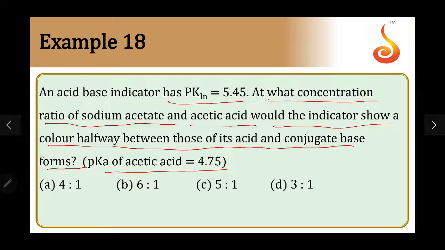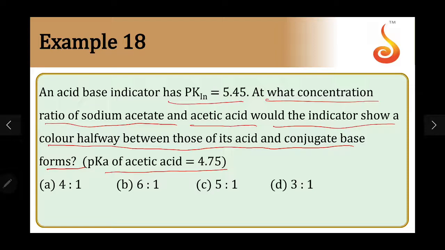One is the pKin of the indicator, another one is the pKa of acetic acid. So we are adding the indicator to the buffer which is acetic acid and sodium acetate. So the question is, at what ratio of salt and acid concentration will the indicator show color halfway between its conjugate acid and conjugate base.